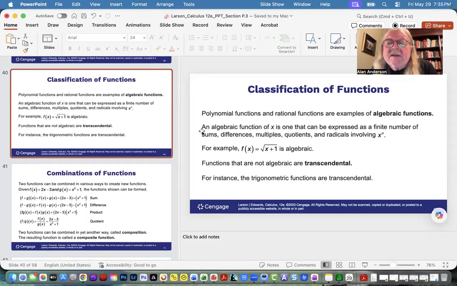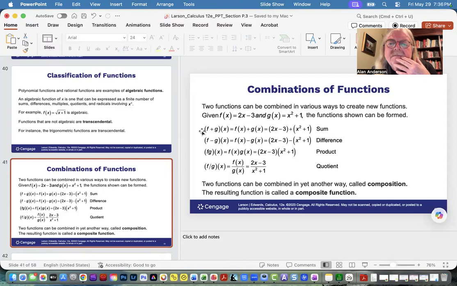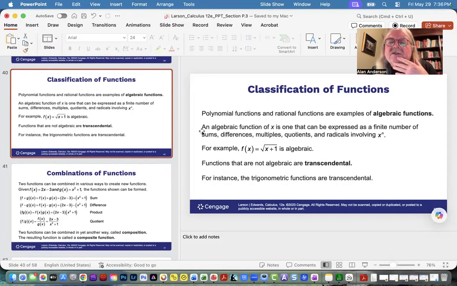They're not giving us any examples of transcendental functions, but a function that is not algebraic is said to be transcendental. It has other very bizarre properties that I guess they'll save for another day. Oh no, they mention it right here that trig functions are transcendental.